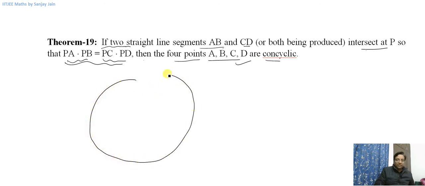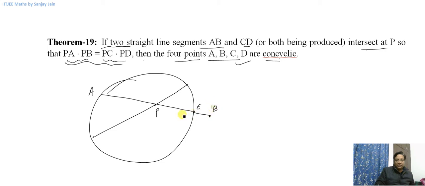For example, let us say this is the circle and we are talking about these two chords, which intersect at this point P. Let us say this is A and this point is not B. Let us take it as some E, and let us say B is somewhere outside, and C, and this is D. So it is given that PA into PB is equal to PC into PD.